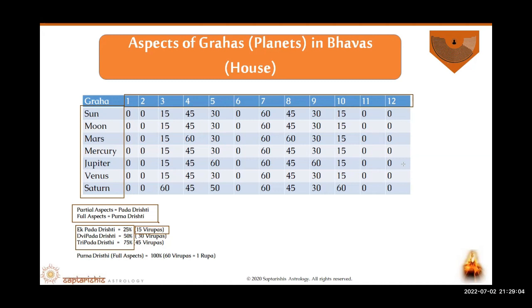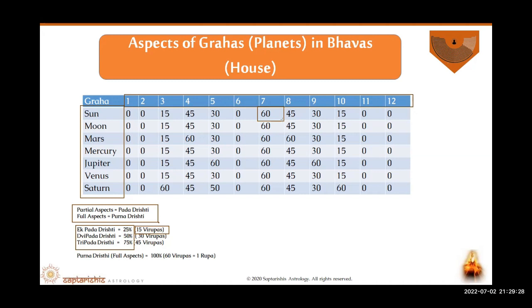And in fifth house, Sun is having 30 virupas, which means 50% influence. And we know Sun is having the full aspect on the seventh house, correct? So that's why in seventh house you will see 60. 60 virupas means one complete rupa.